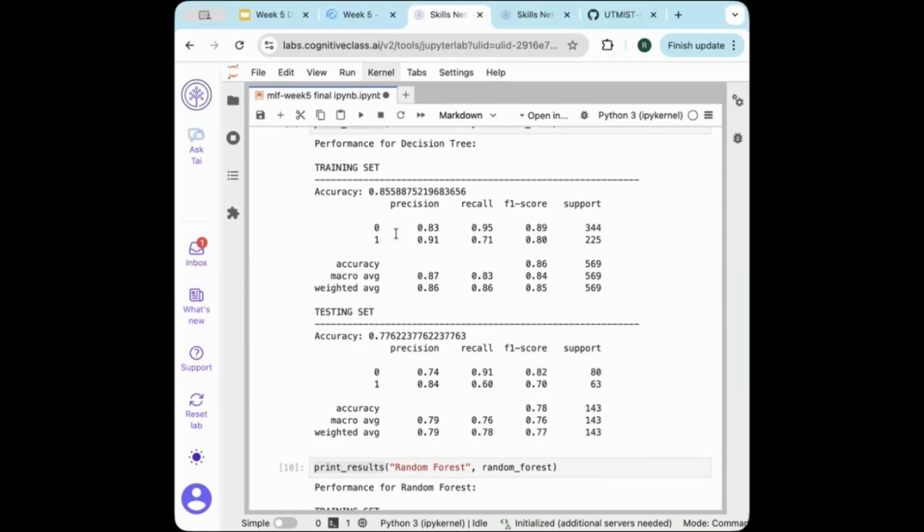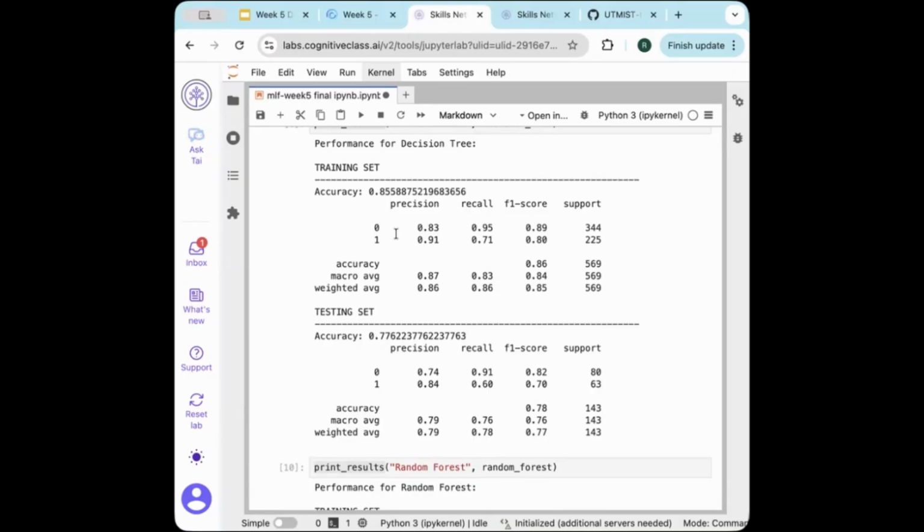And when it's given an unknown testing set for the first time, it performs worse, and you can see the results of the other metrics align with that. For all of them, including precision, recall and F1 score, the training set is always higher, and the testing set is a little lower. So it's not the ideal case.